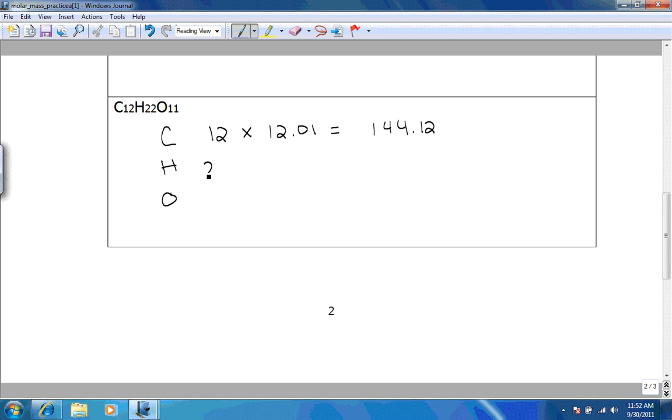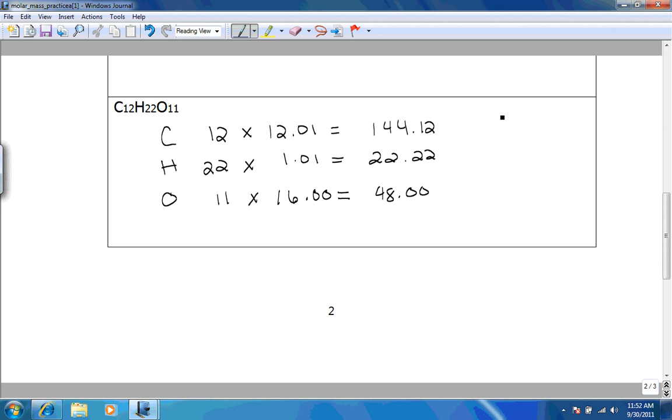Hydrogen is 22. We have 22 hydrogens here. Look on the periodic table, its atomic mass is 1.01. And then we have 11 oxygens, and its atomic mass is 16.00. And that comes out to be 48.00.